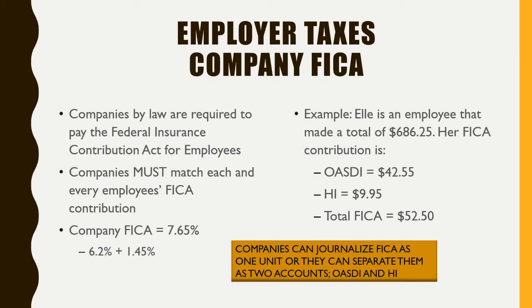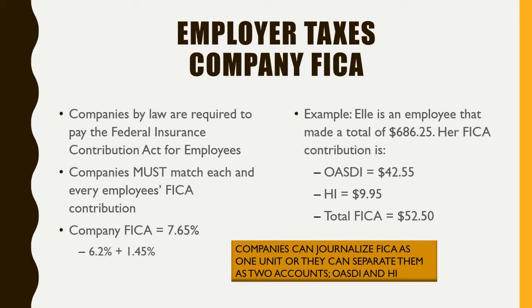As you can see, we calculated the example from earlier. She earned a total of $686.25. So when we calculate our company FICA, you can have company Social Security and company Medicare, that way you don't have to combine them.